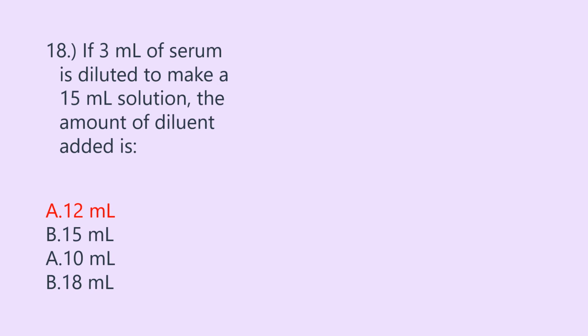For number 18, if 3 ml of serum is diluted to make a 15 ml solution, the amount of diluent added is, okay, how much? So no need to complicate things. You just have to simply get the total volume and subtract the volume of your solute. In this case, you have 3 ml of serum.